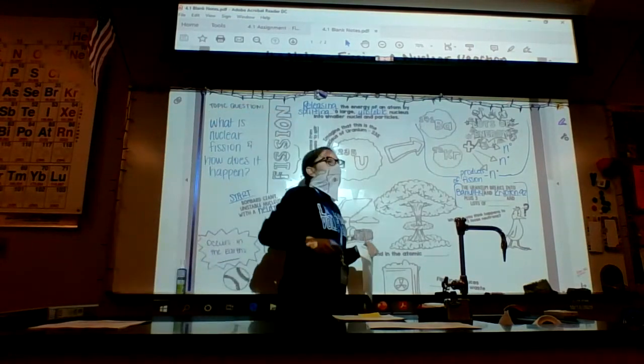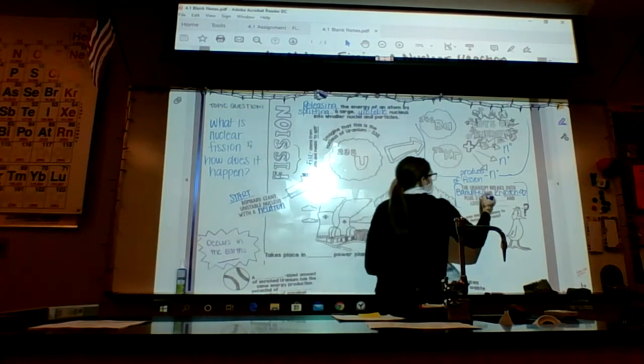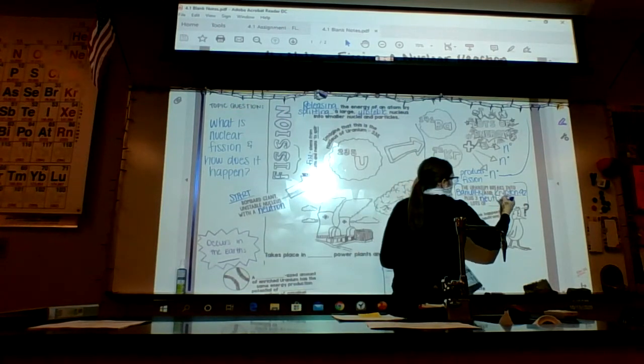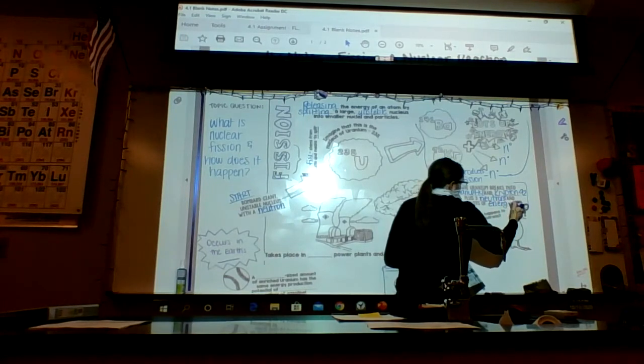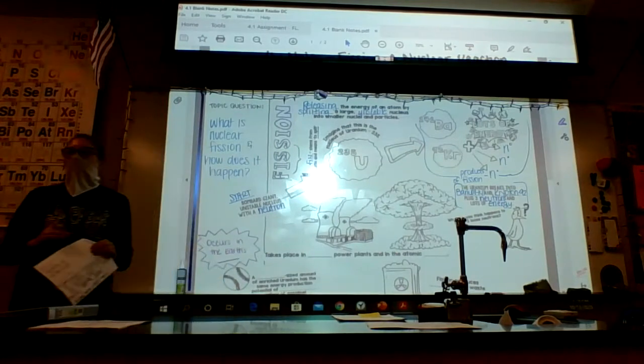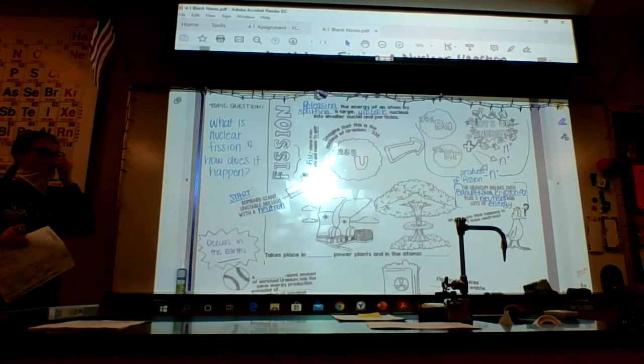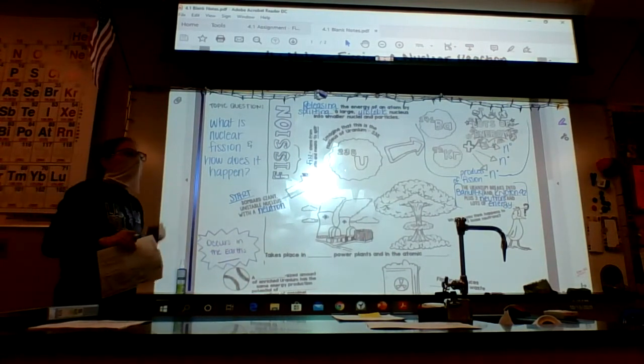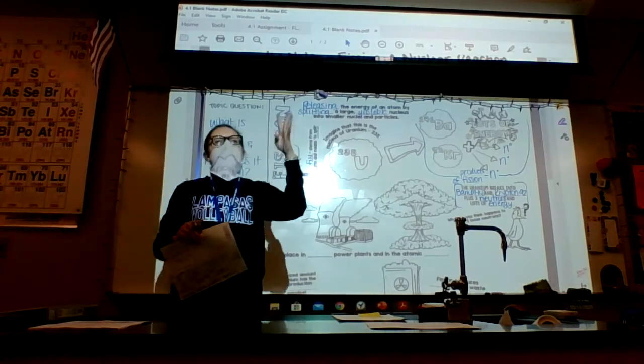It makes 3 what? Neutrons. And lots of energy. So that is a summary of what happens in fission. Start with uranium, it gets hit by a neutron. Now we have barium, krypton, lots of energy, and 3 neutrons.